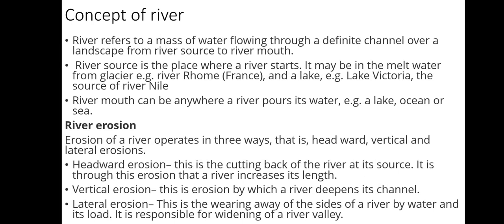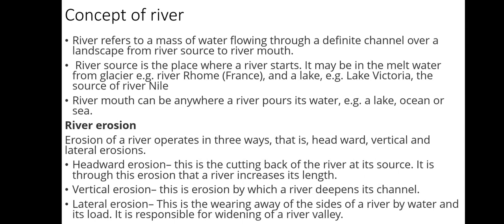When I talk about vertical erosion, this is the erosion by which a river deepens its channel. As we have seen, vertical means it deepens its channel basically. So that's all about vertical erosion. And when we talk about lateral erosion, this is the wearing away of the sides of a river by water and its load.